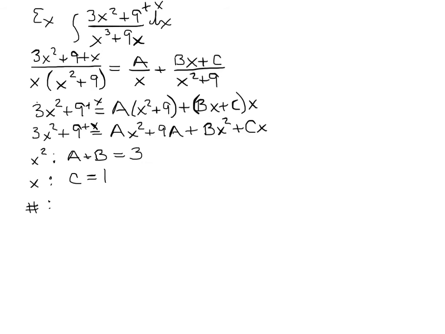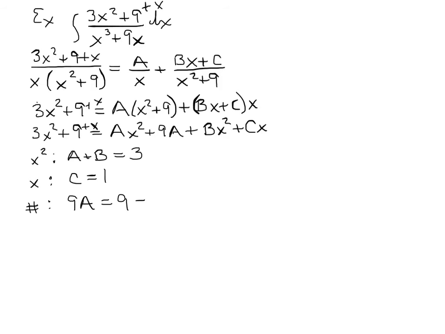And then I want to look at all the numbers. Let's see, what do we have left over? We've dealt with x squared, and we've dealt with x's. I've got a 9A left over there. And on the left-hand side, I've got a 9 left over.